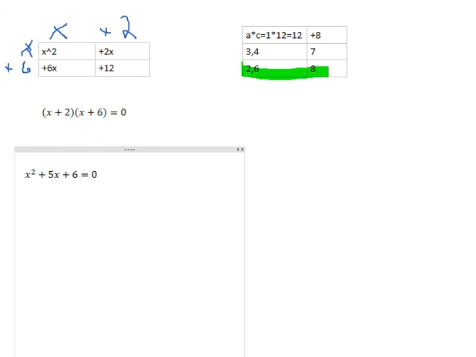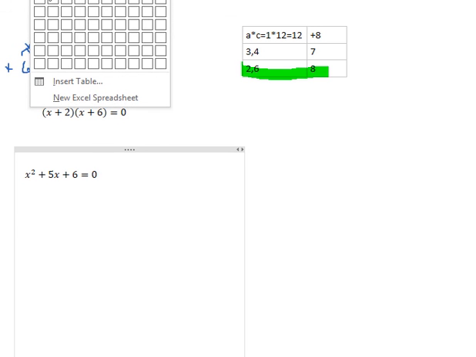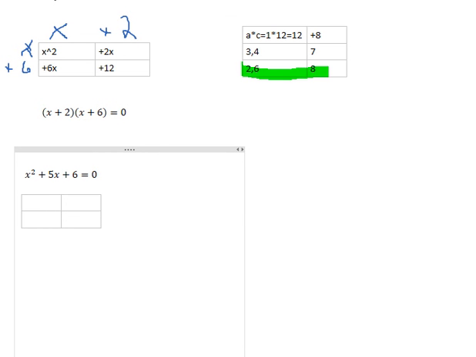Let's make our little tables here. Here's our Punnett square. And let's give it a little more breathing room. There we go. Yeah, this will be fine.